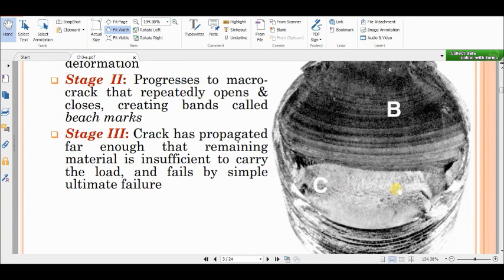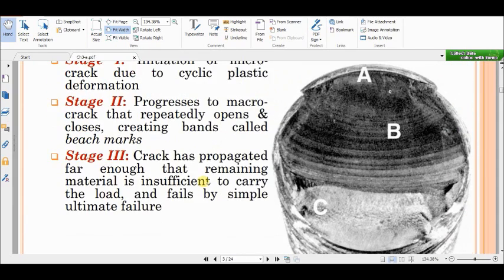And when the remaining material cannot take the load anymore, when the remaining material cannot carry the maximum load, it will break suddenly. That means this location, this part C, is the sudden failure of the material, and we show that as stage 3.